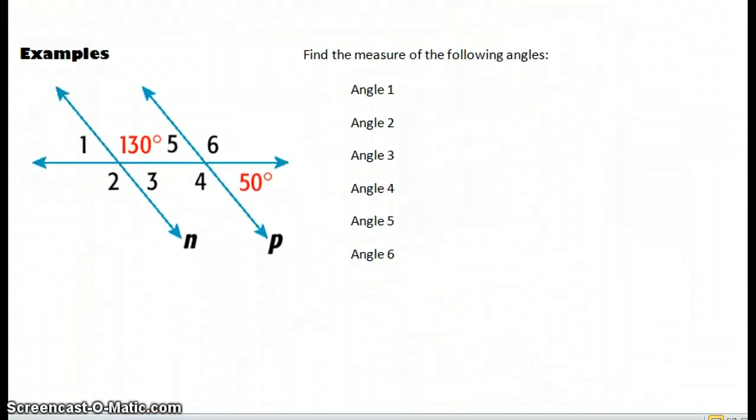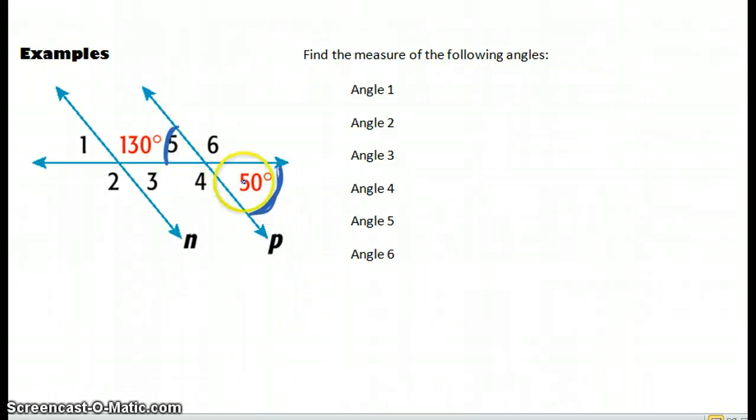So now that we can look and find angles and their vertical partners or their adjacent partners, we can figure out the degrees in every single one of these angles. We know the measure 50 degrees. If we think about vertical angles, the angle across from 50, we know that angle 5 will be 50 degrees.